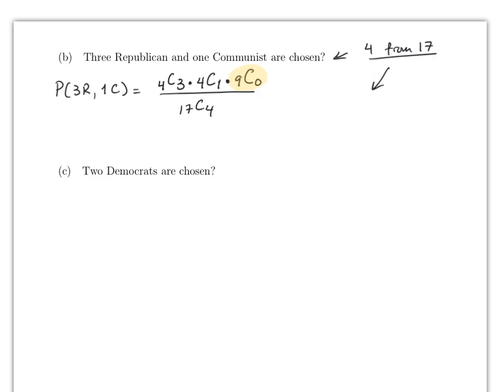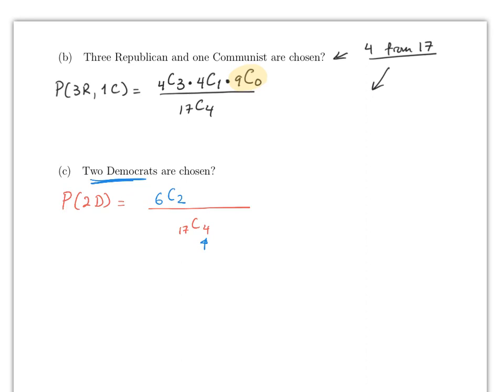All right, so finally, the question is asking, what's the probability that you have 2 Democrats? Again, don't forget that you're still selecting 4 people from 17. That's not going to change. The question says you want 2 Democrats. Well, you have 6 Democrats and you want 2. So that takes care of this part. But you still need to select 4 people.